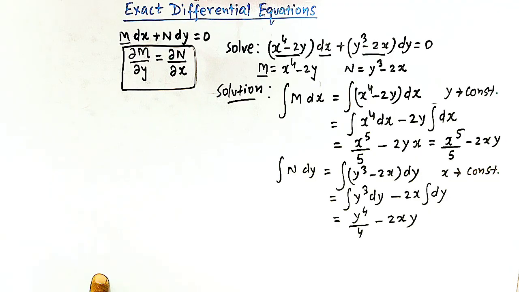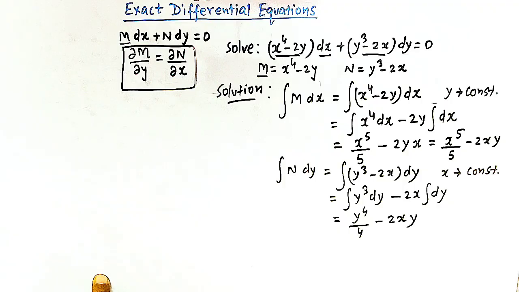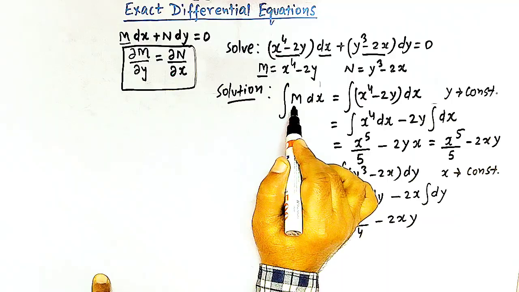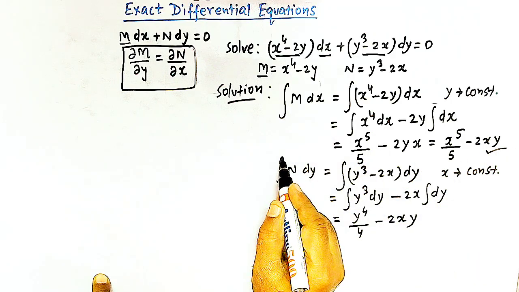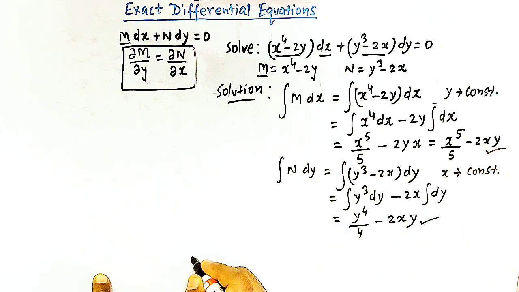So now to write the solution of this differential equation, we have to keep one important thing in our mind, right? Now see, when we have the integral m dx, we have this expression, and when we have this integral n dy, we have this expression, right?